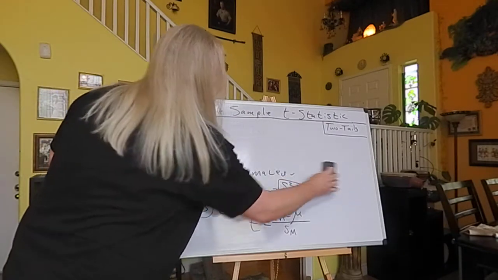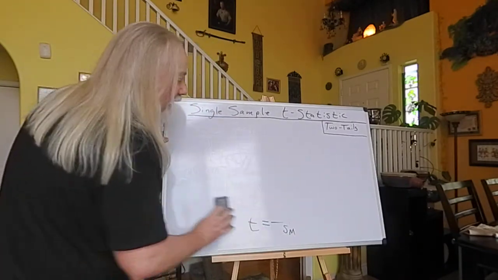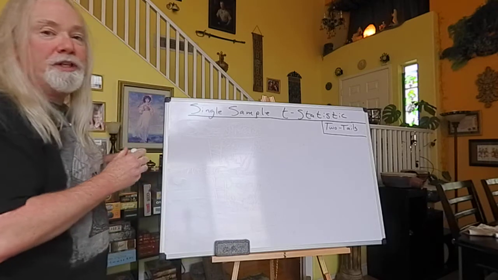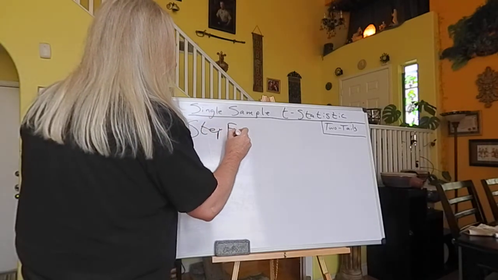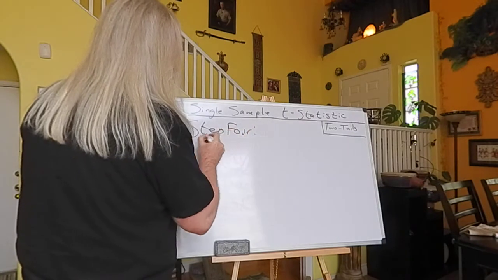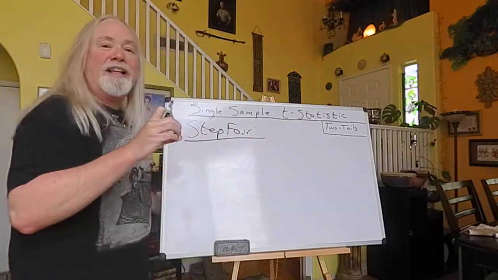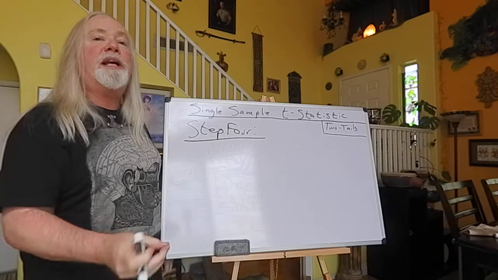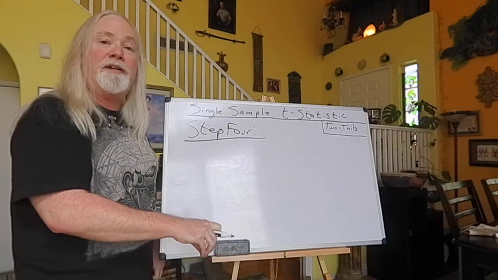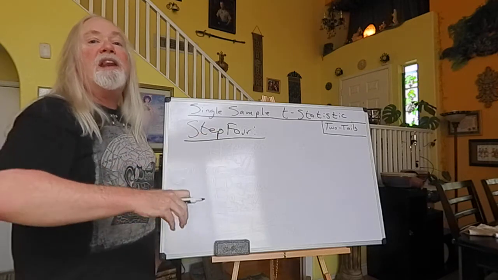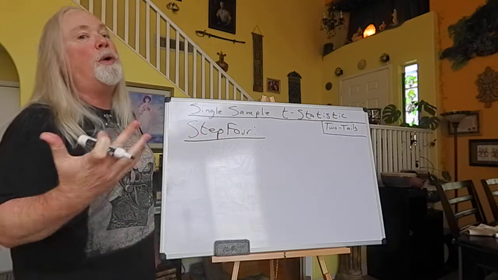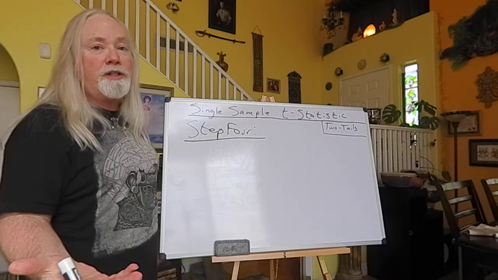Step 4 is to report our decision. And this is exactly the same procedure as before. Once we've calculated our t-statistic in step 3, we compare that against our critical t values back in step 2. And if we landed in the shaded areas, we reject. If we hit the critical regions, we reject.